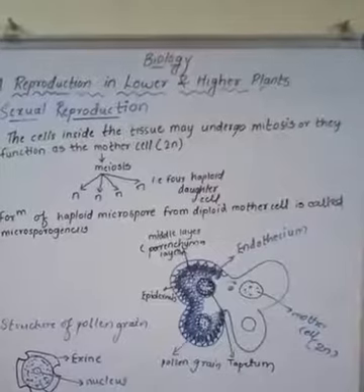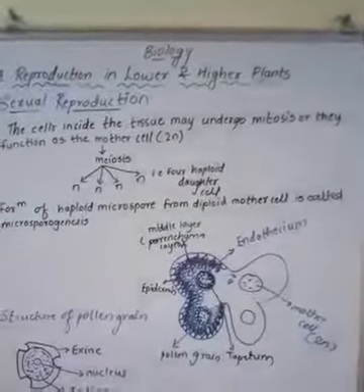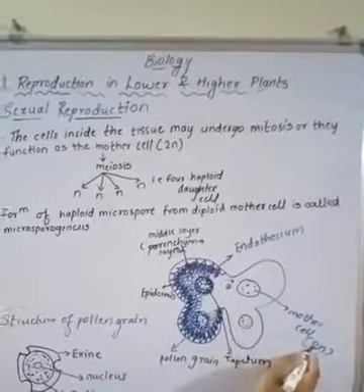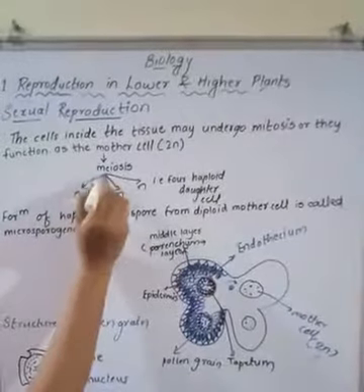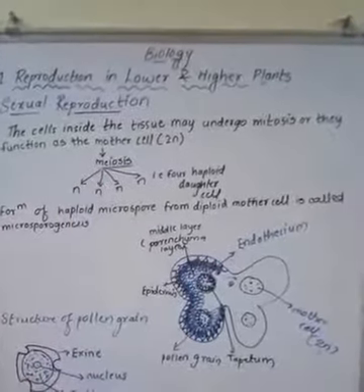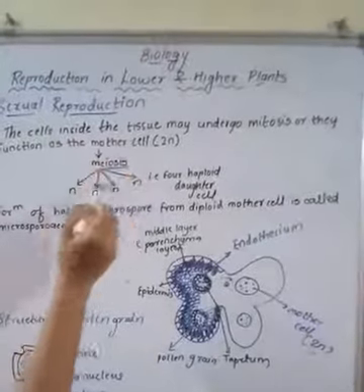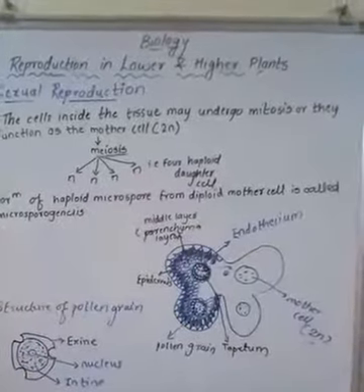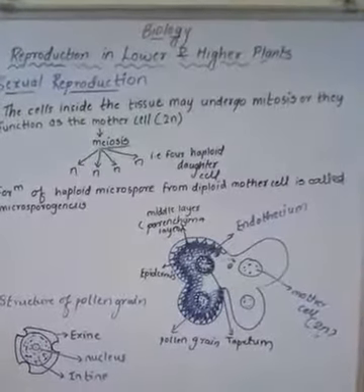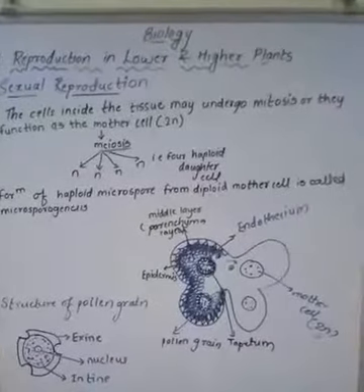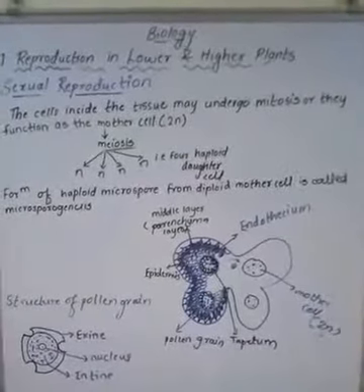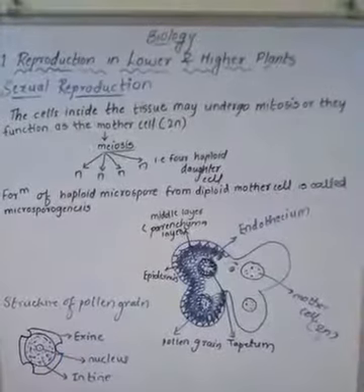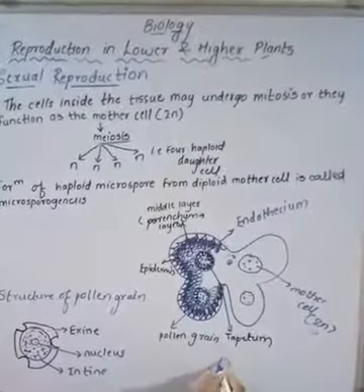Clear? But as the time of maturity comes, what will happen? This mother cell will undergo the process called meiosis, and one mother cell will get differentiated into 4 haploid daughter cells, and that structure is tetrahedral, that is, we will be seeing it like this.